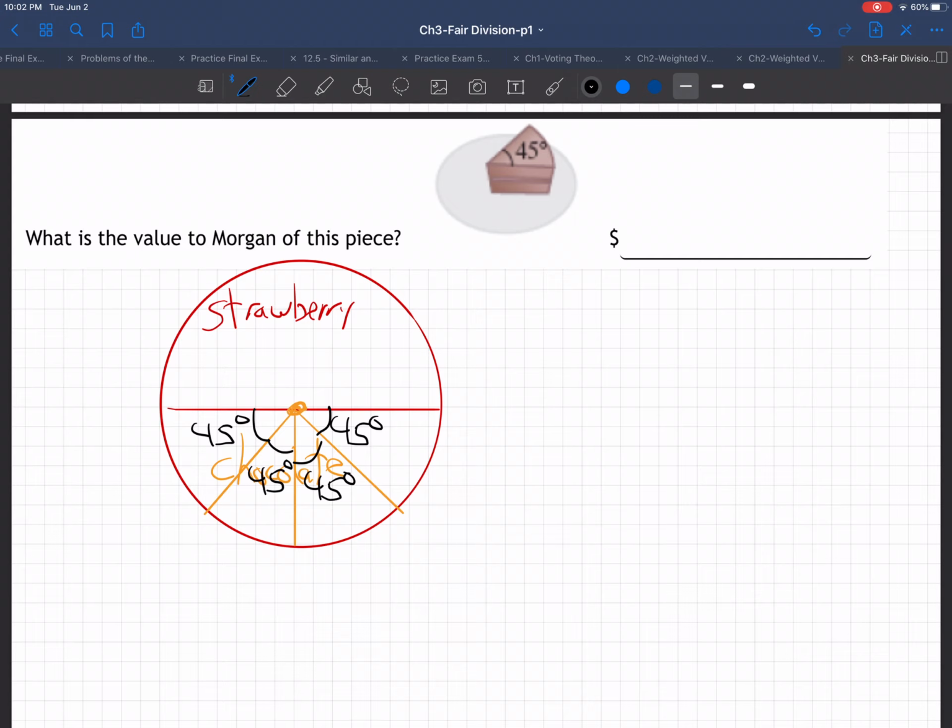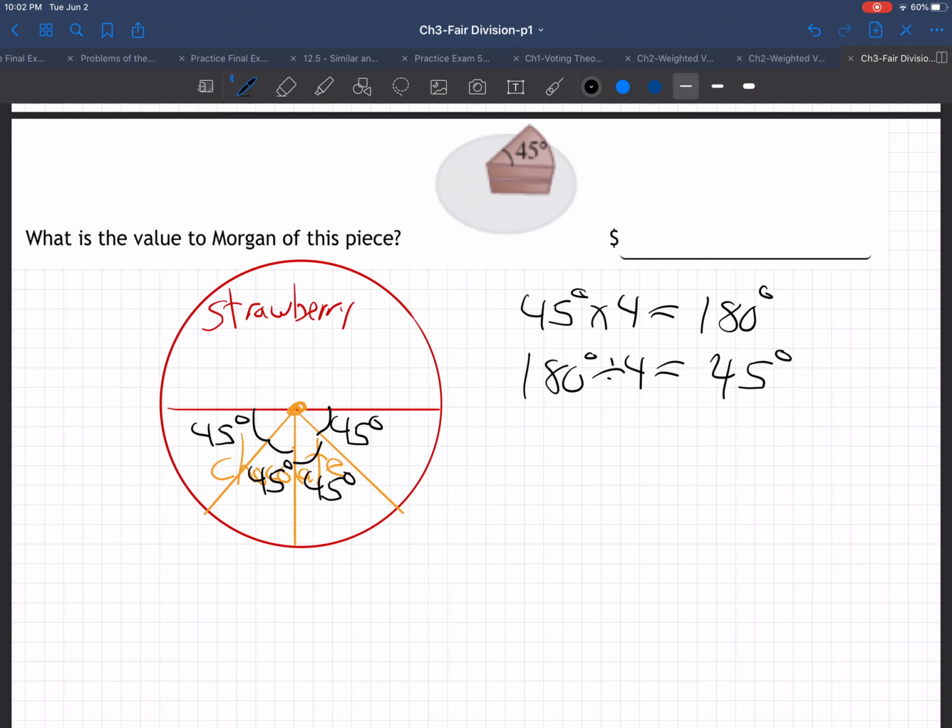How do I know? Well, because 45 twice is 90, and 90 and 90 is 180, right? 45 times 4, in other words, is 180 degrees. I just took 180 and divided it by 4, and I knew that came out to be 45 degrees because 90 is half of 180, and then half again is 45.